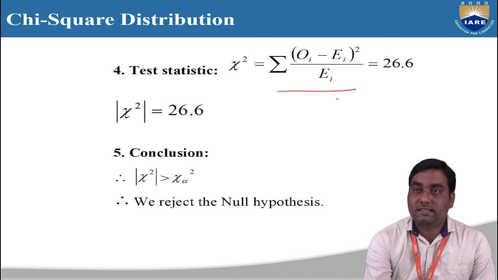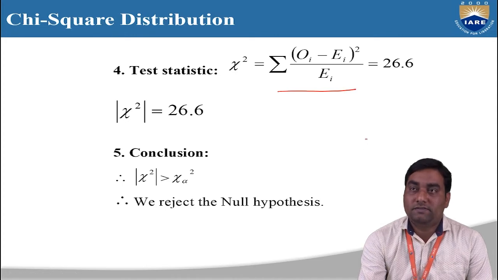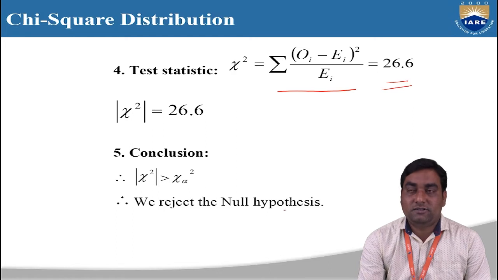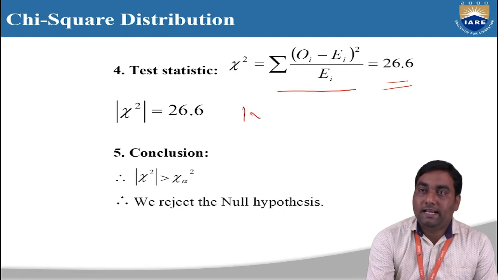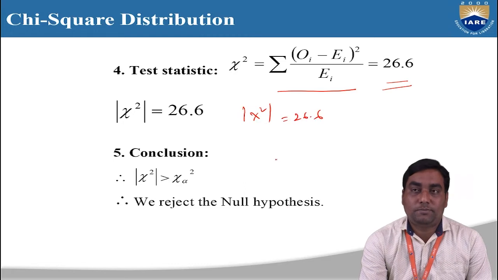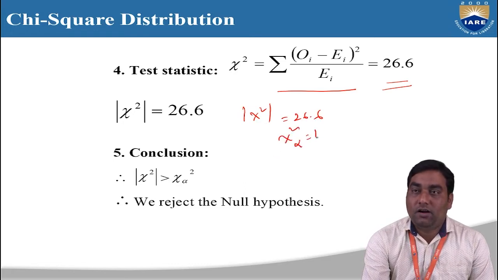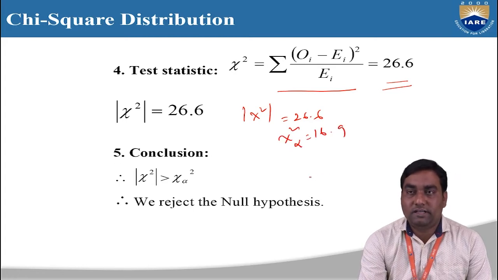Already we have discussed sigma OI minus EI whole square by EI. This value we calculated using the table in the previous slides, which is 26.6. After getting chi-square, the mod chi-square is 26.6, and chi-square alpha we got as 16.9 from the chi-square distribution table.